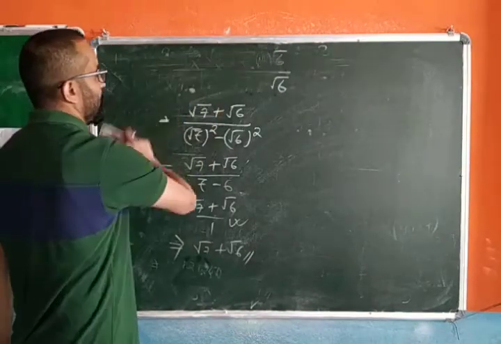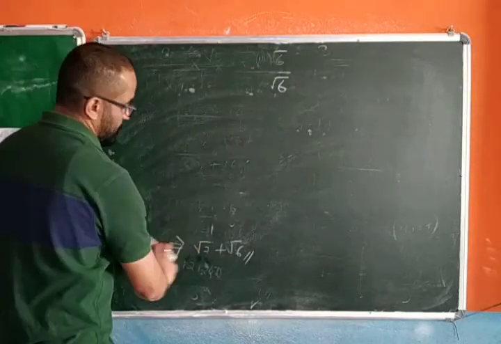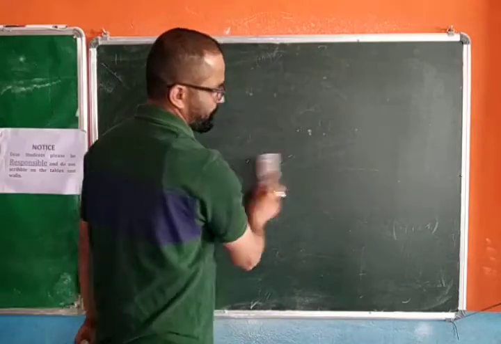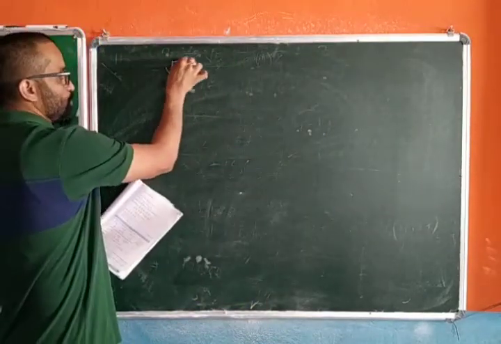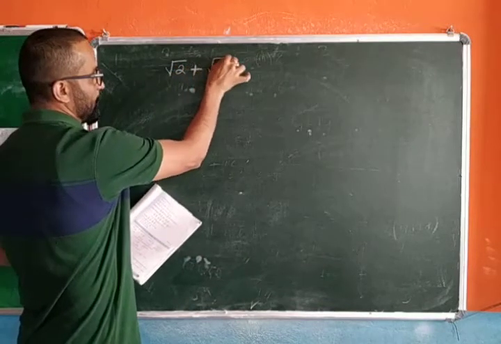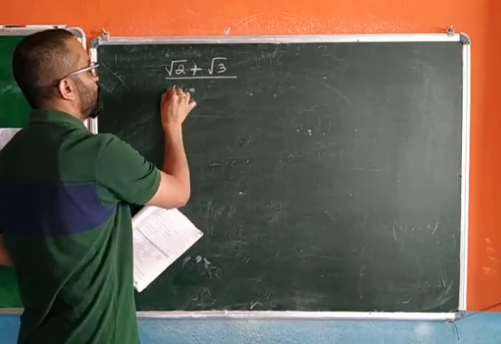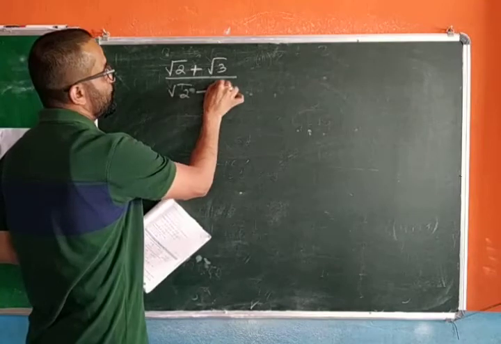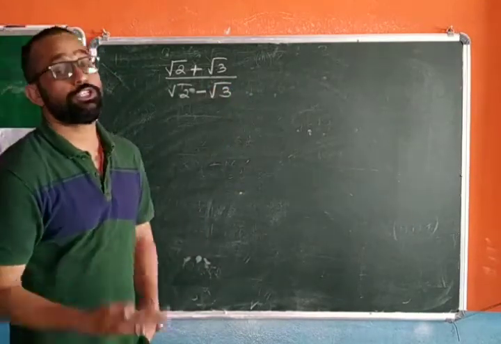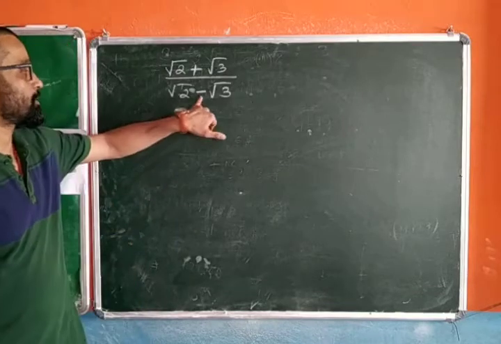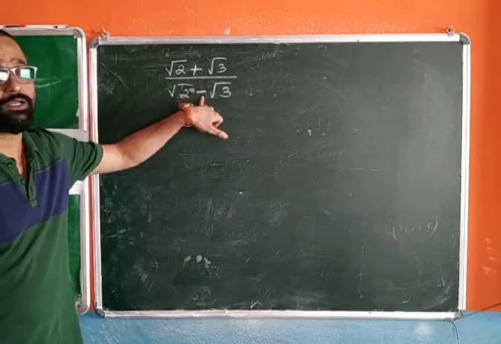Question number 1, part 7. It's given in the question: root 2 plus root 3 divided by root 2 minus root 3. And the question says rationalize the denominator. So look at the sign of the denominator, it is minus.